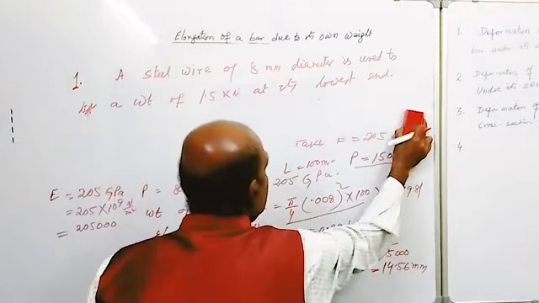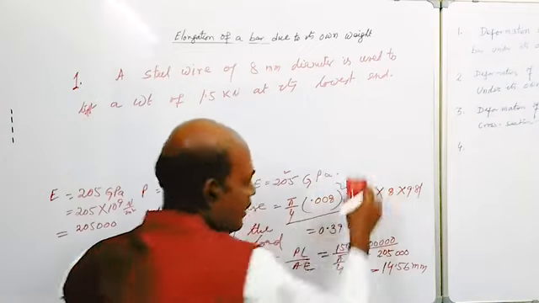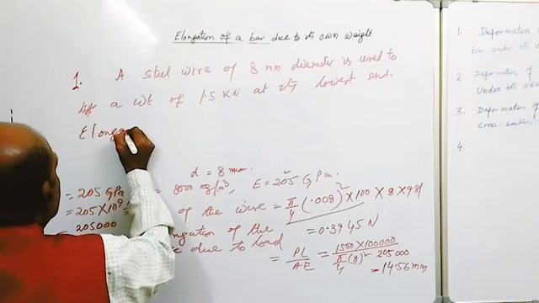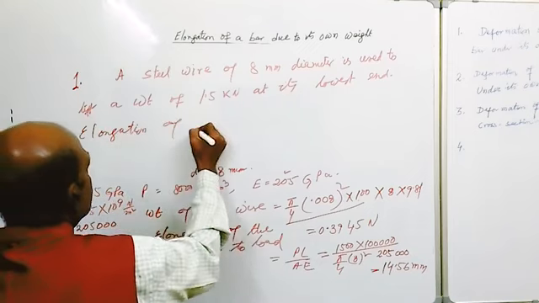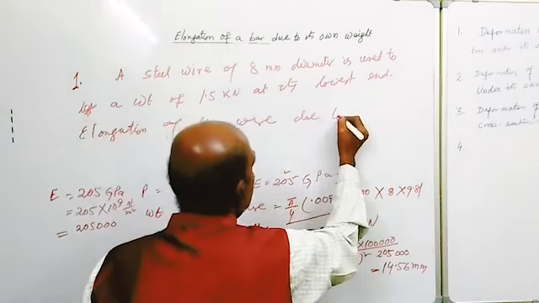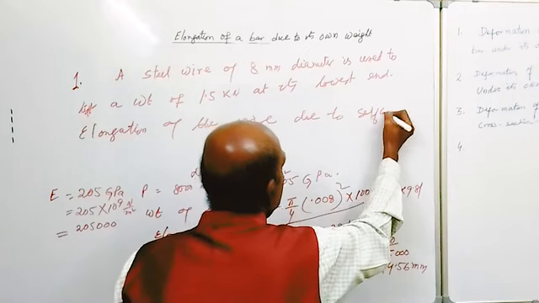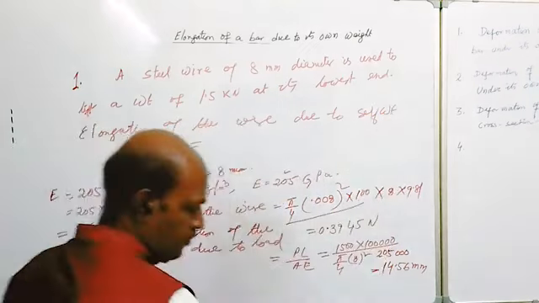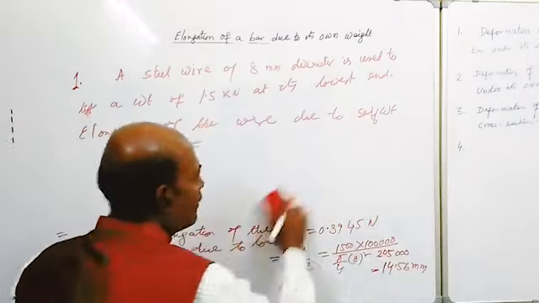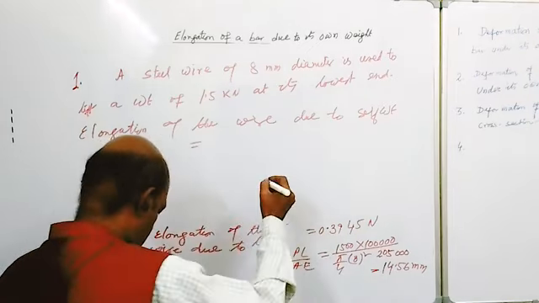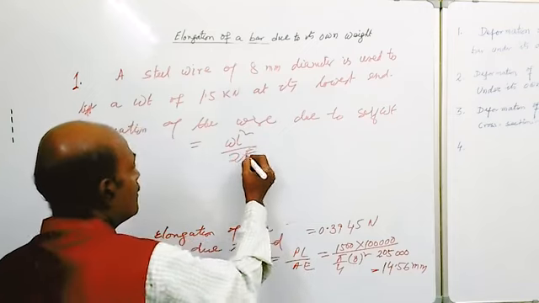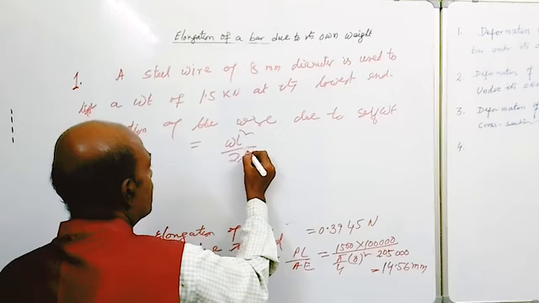Now the deformation produced in the bar or the wire due to its self weight, that is elongation of the wire due to self weight, is equal to, we can write directly the formula and put the values of the parameters, that is WL square by 2E, as you have seen in the derivation part.